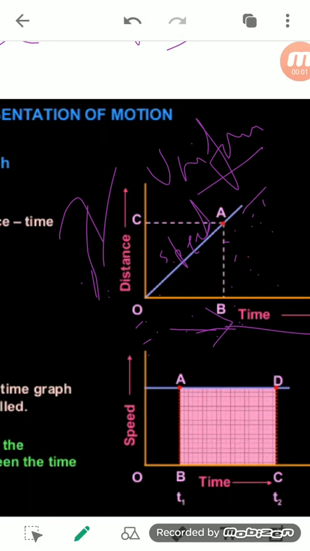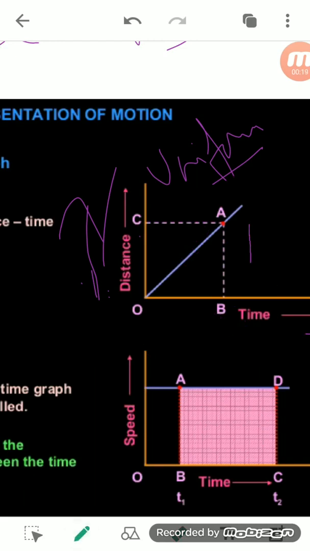So it is clear that AB represents the distance traveled by the body in the time interval represented by OB.